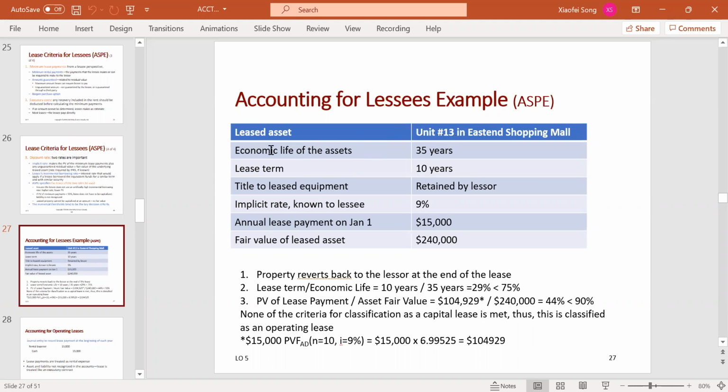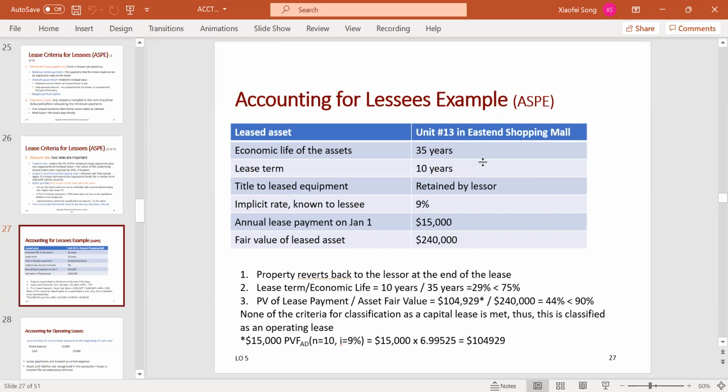Let's assume the economic life of the property at the mall is 35 years and this vendor's lease is 10 years. Title to the leased property will be retained by the lessor, obviously, the lessor being the landlord. And let's assume a 9% discount rate, an annual lease payment of $15,000 at the beginning of each year, and a fair value of the unit of $240,000.